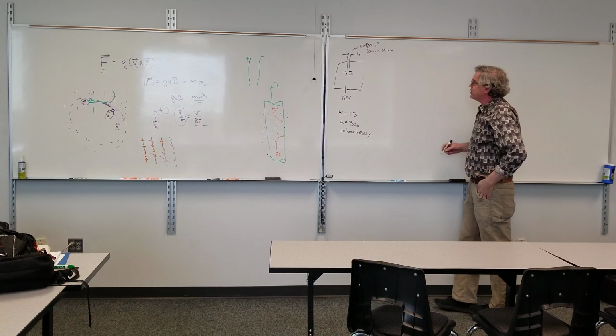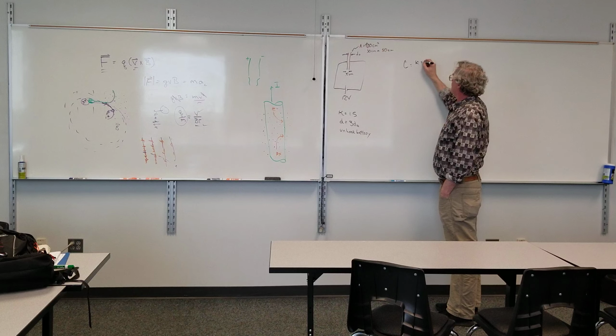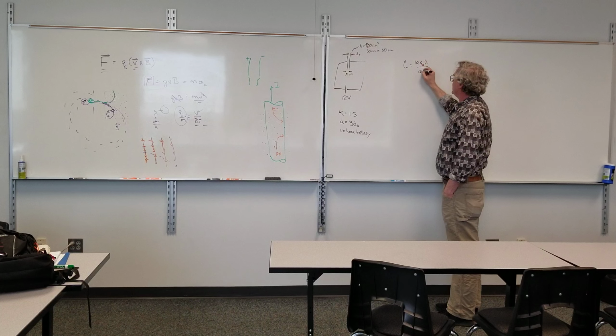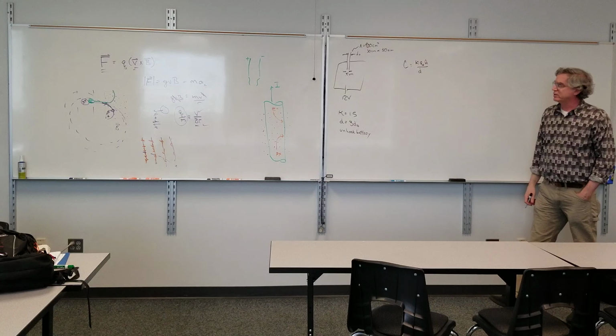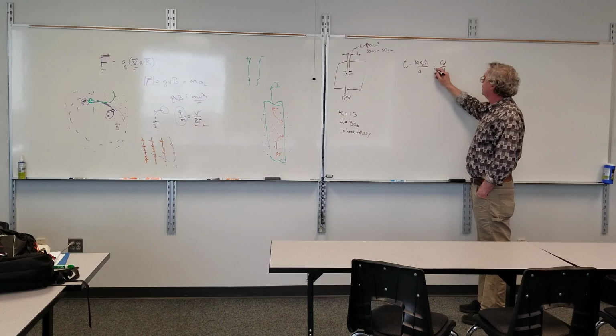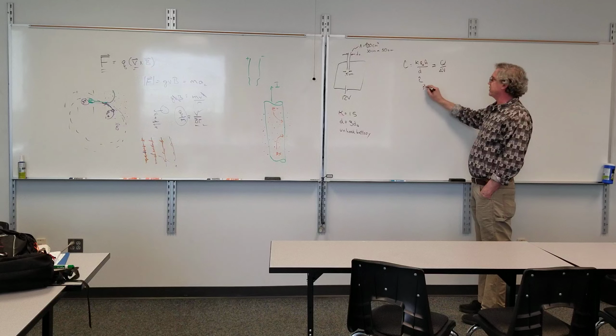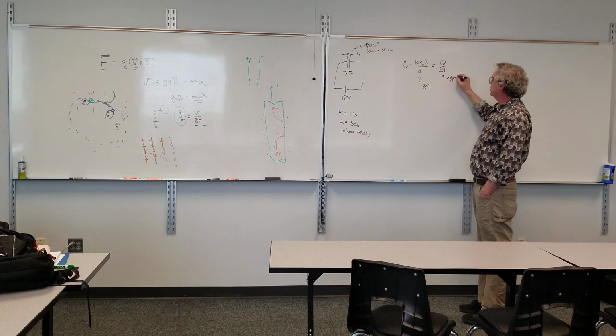All right, the equations we're working with here: capacitance is equal to kappa epsilon naught A over D for a parallel plate capacitor, also equal to Q over delta V for capacitors in general. So the first is specifically parallel plate, and this is general.